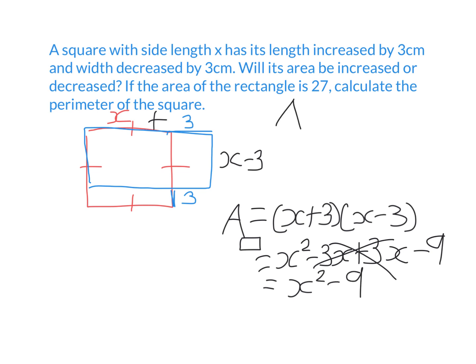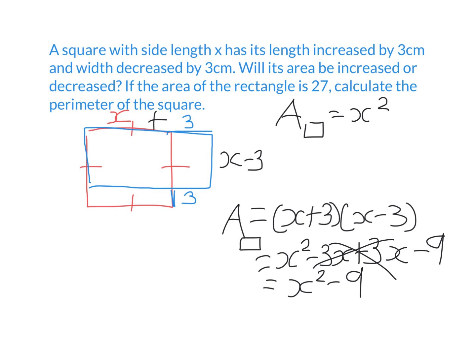So the area of the square originally would just be x times x, which is x squared. So the area of the rectangle has been decreased by 9 units. It's whatever the area of the square was, subtract 9. So clearly, increasing the length by 3, decreasing the width by 3, has decreased the area by 9 units.